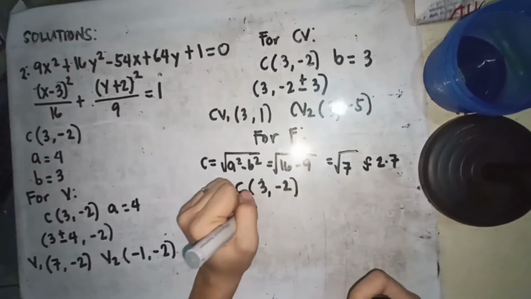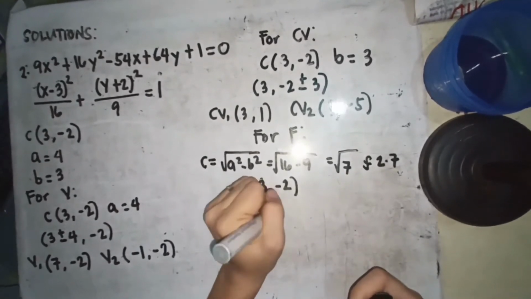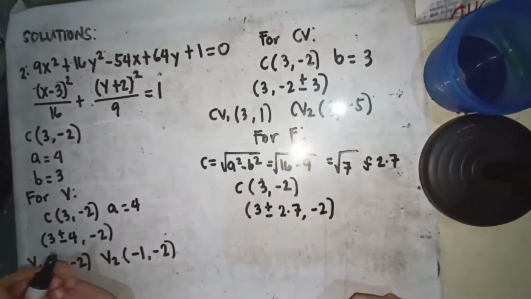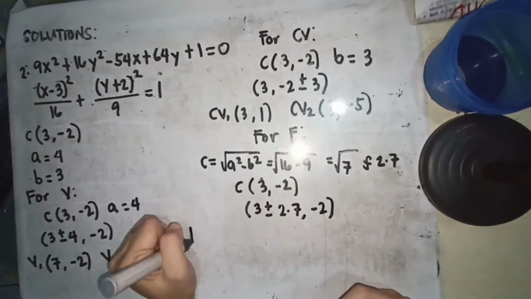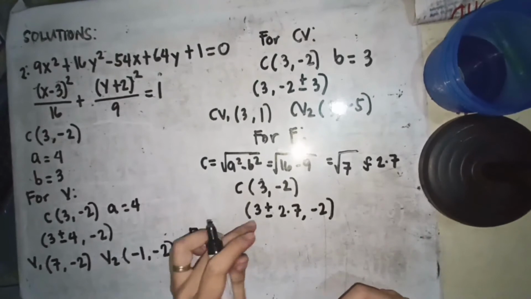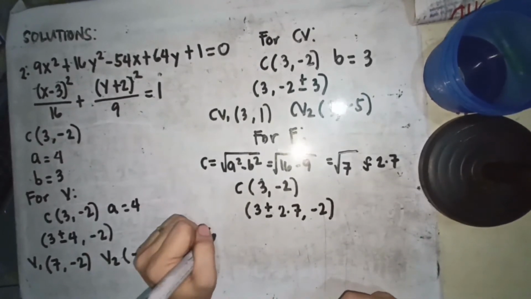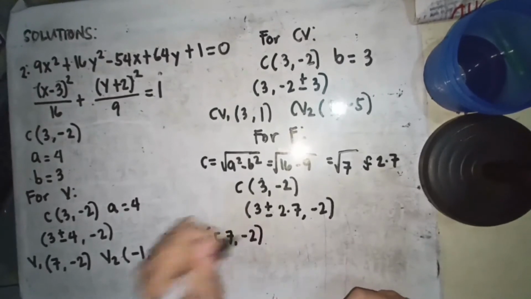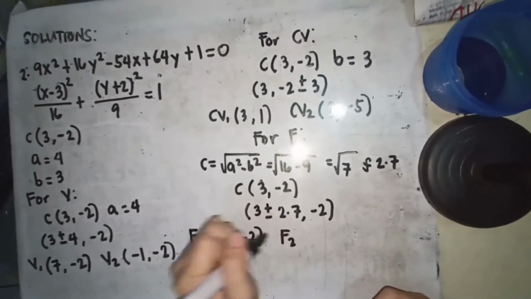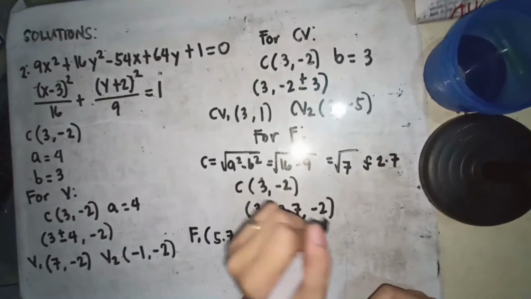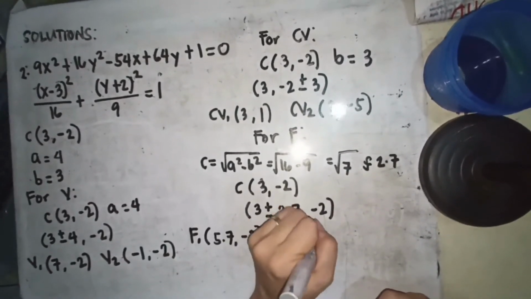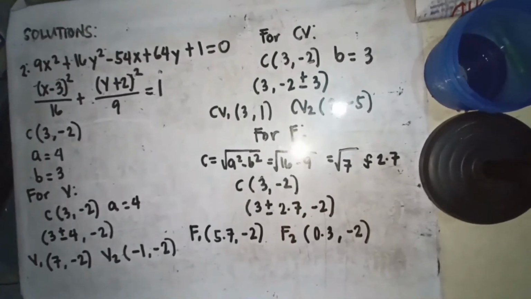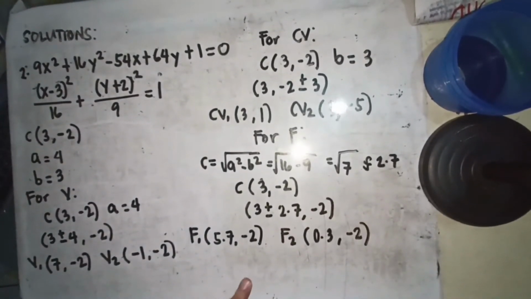So we'll have 3 plus minus 2.7 and negative 2. Or we have f sub 1, that is 3 plus 2.7. We have 5.7 and negative 2. We have f sub 2, that is 3 minus 2.7. That is 0.3 and negative 2. Okay, so that will be our foci.